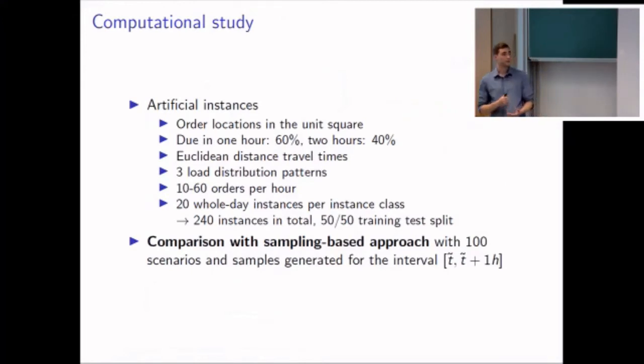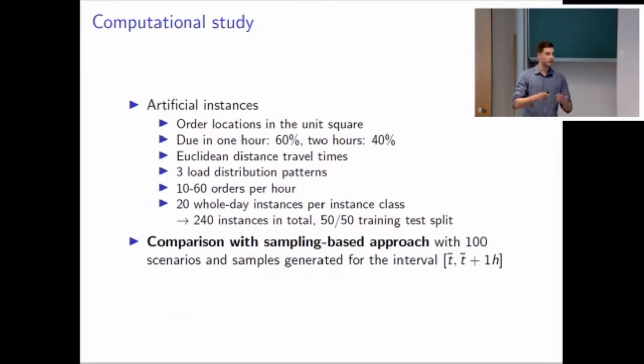Now on to our computational study. We created 240 instances in total with 12 different instance classes. They differ in the average number of orders per hour, which is in the range of 10 to 60, and also how these orders per hour are distributed over the whole day.